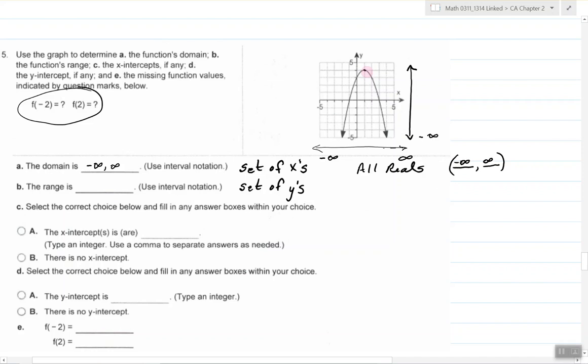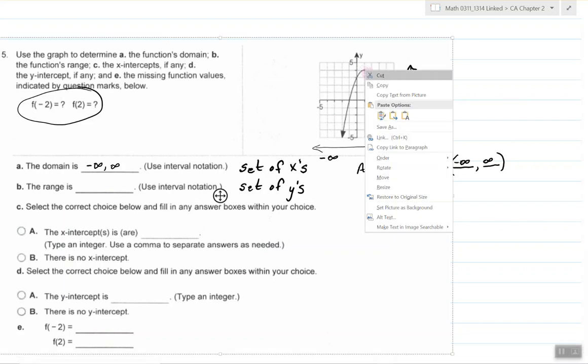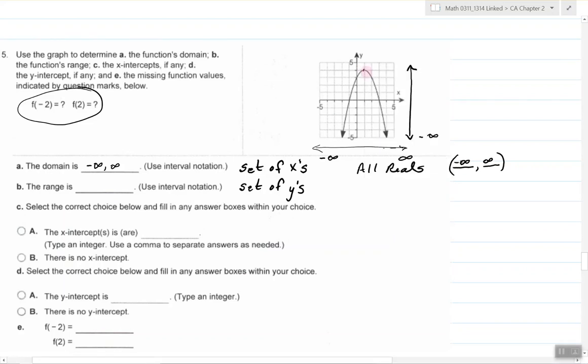It seems to have a topmost point. The topmost point is up here, and that y value is 4. So if I were to draw a picture of the range, it would be like this. That's what it would look like.